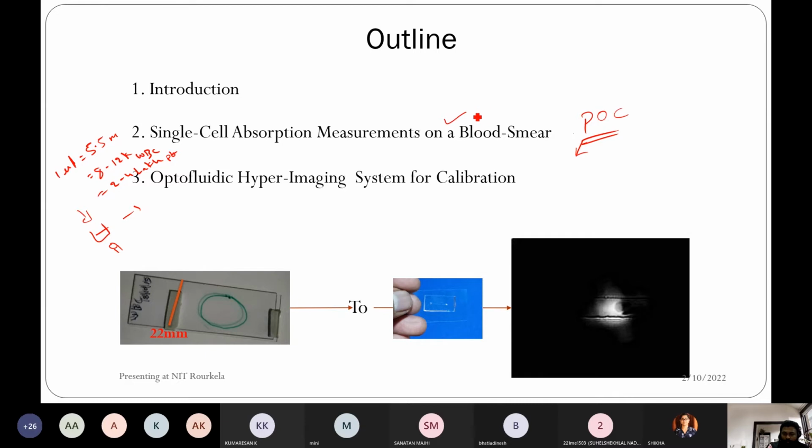that is the throughput. For example, when you have a smear, it is on top of a microscopic slide, and you need to prepare this slide and then visualize it under the microscope.